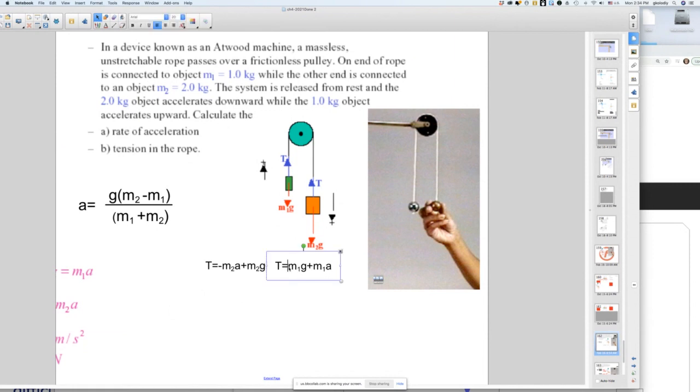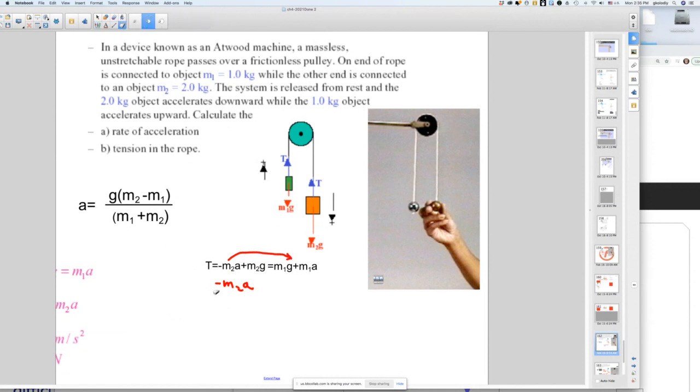So basically what I'm going to do is erase this, and this is T also. This equals that. And I'm going to solve this equation for A. It means I'm going to bring everything that's got A on one side of the equation. Let's do it the other way around. Let's bring this on this side of the equation.